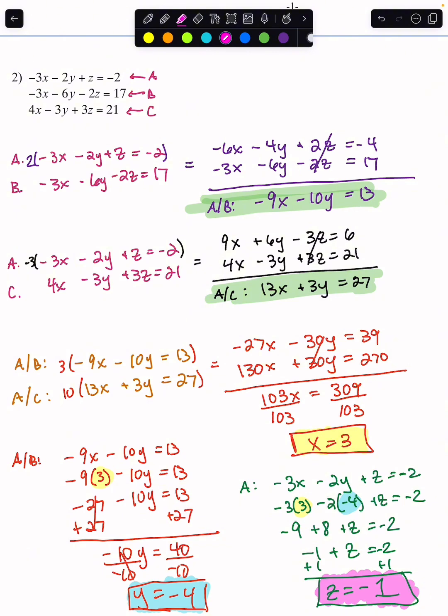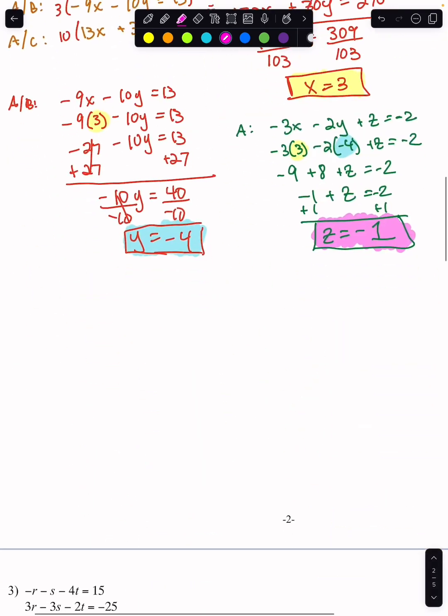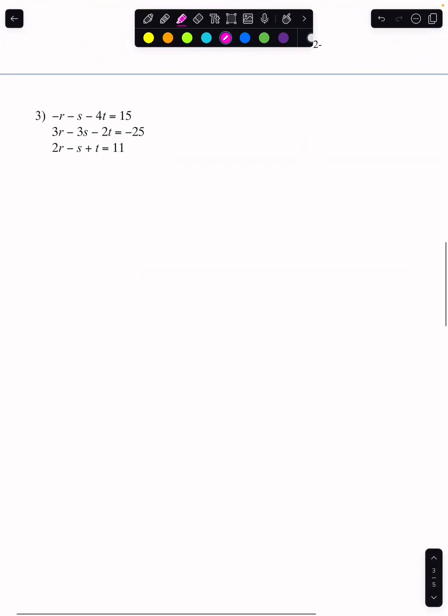All right, so this one uses different variables, but that's okay. I'm going to first label this A, B, C. You can also do A, B, C on this side too, but because the numbers are there, I just wrote them on the right.